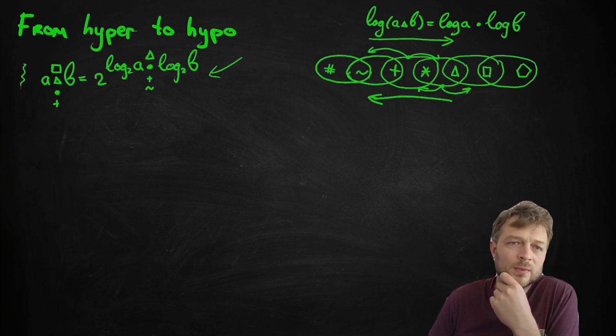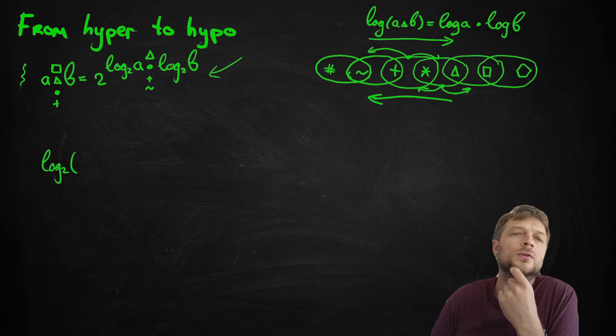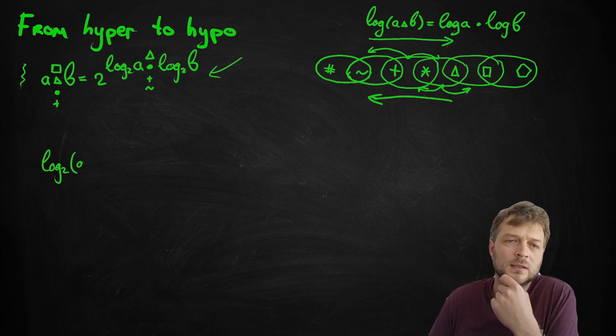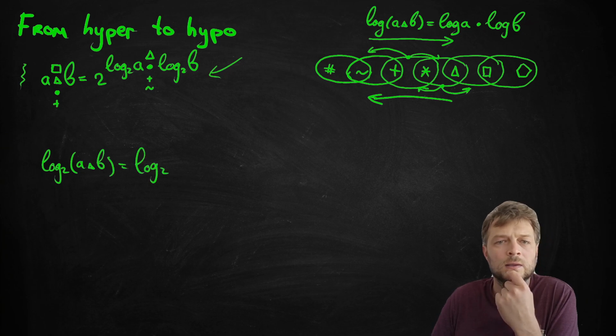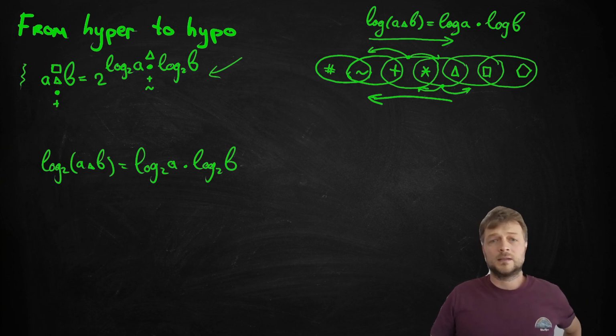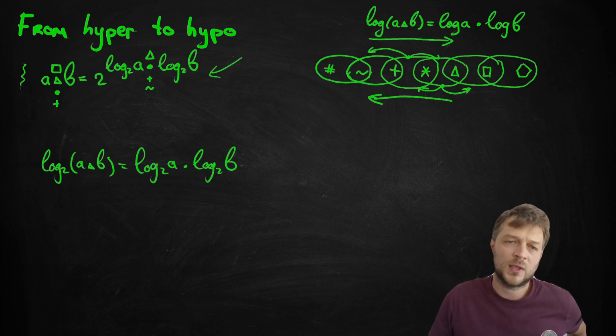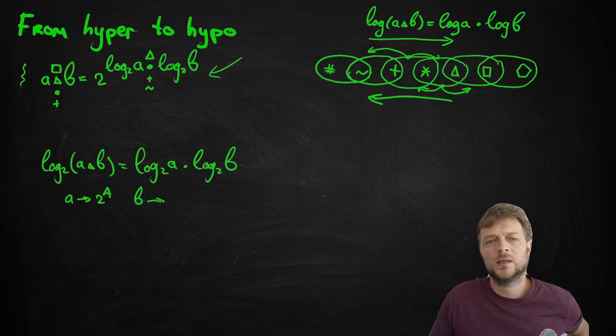And in order to flip it, let's do a small inference. Take log 2 from both sides. And then let's just make a replacement. So a we will replace with 2 to the power a, and b let's replace with 2 to the power b.